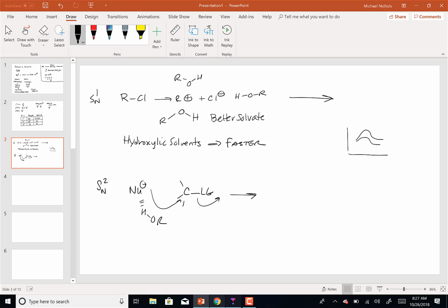So in this case, I don't want good solvation of the nucleophile. I want things to be kind of loose so that it doesn't require a lot of energy to kick that off to then react. So in this case, because it solvates so well, it's going to slow down the reaction.